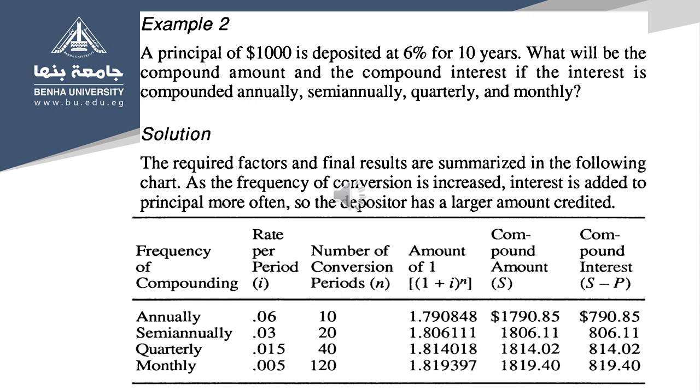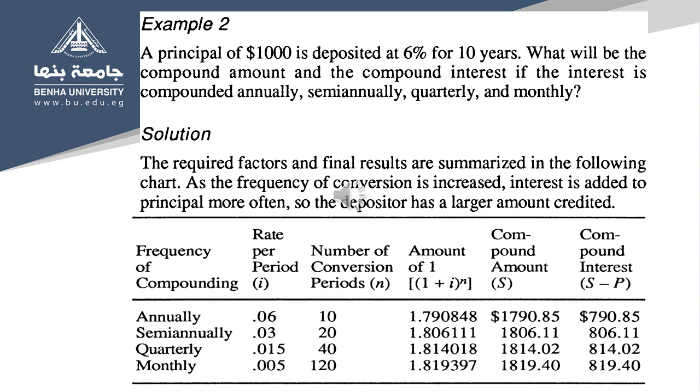Frequency of compounding annually, rate 6%, number of conversion periods 10 multiplied by 1, which equals 10. Amount of 1, compound amount, compound interest. The compound amount factor 1 plus i to the power n, as we stated in the previous lecture, is called the accumulation factor.